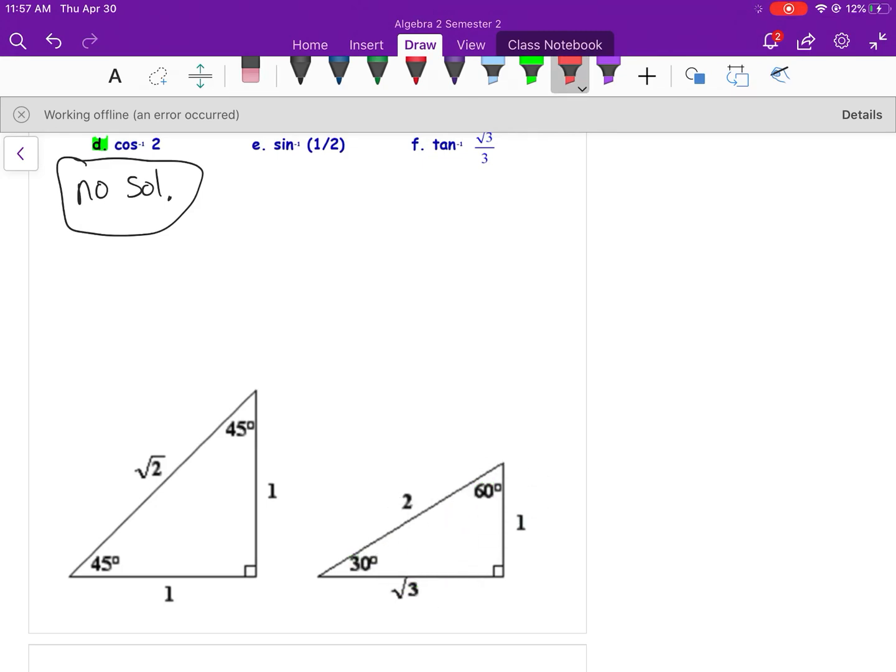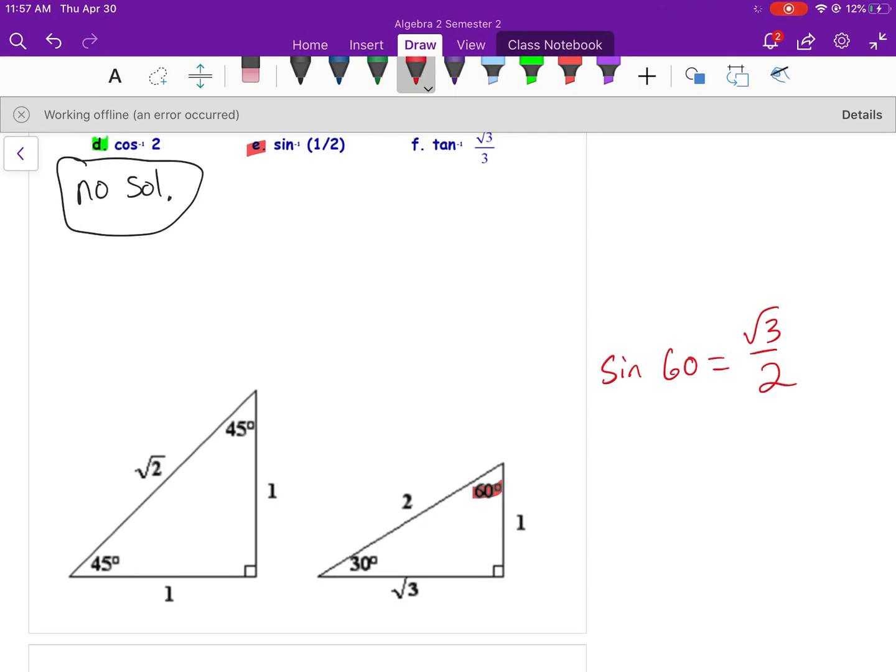All right, let's go to inverse sine of 1/2. I'm looking at my 30, 60, 90, and there's a possible way of getting 1 over 2 there. So let's evaluate. Let's try from 60. Sine of 60 is going to give me opposite over hypotenuse, so square root of 3 over 2.